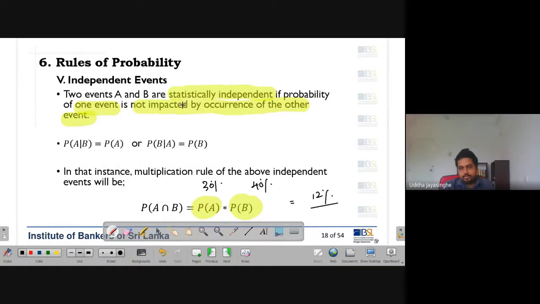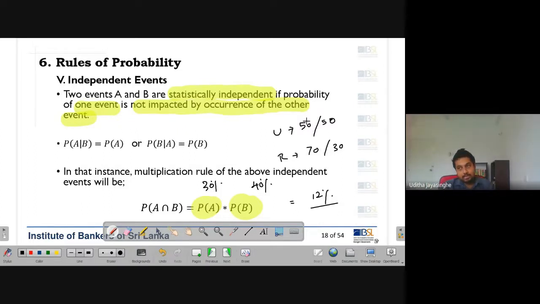Say I'm taking the umbrella on my own, 50-50. Raining, 70-30. If I call these two events independent, umbrella event and rain event, that means irrespective of whether it's raining or not, some days I may take the umbrella, but some days I may not.